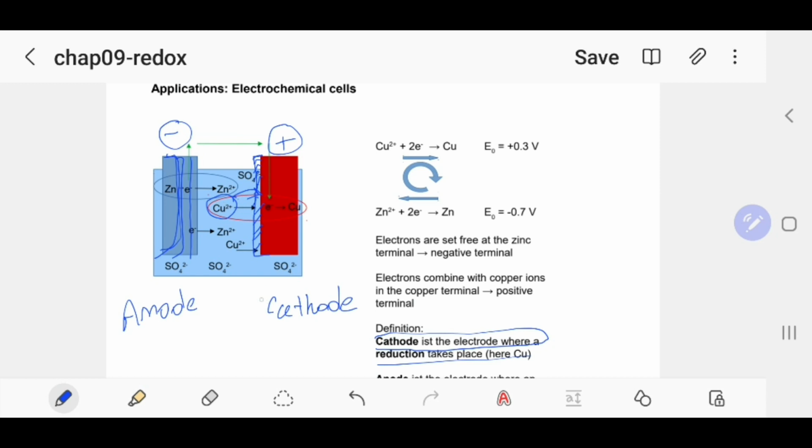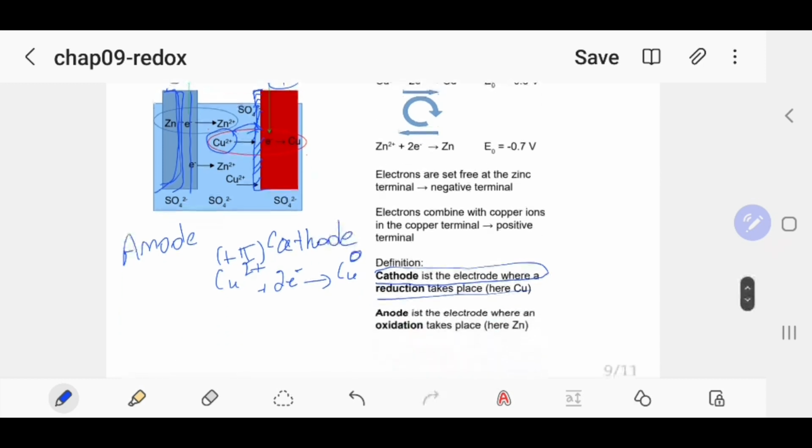We said that the copper is going through a reduction because the charge is going from +2 to 0. So this is called the cathode, and it's the positive terminal of the battery. And the anode is where the oxidation is taking place.